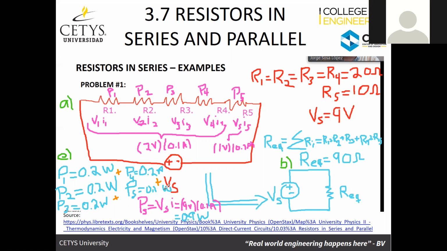That's the energy that's being absorbed. Who's providing the energy? The power source. And what power is the power source providing? 0.9 watts. So energy isn't created, it's only transformed. So the energy of the power source is being given to the resistors. And so the total energy of the resistors has to be equal to the energy that's being given by the power source.